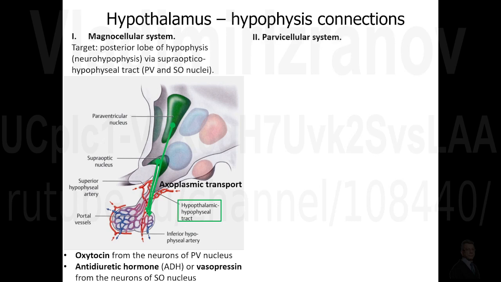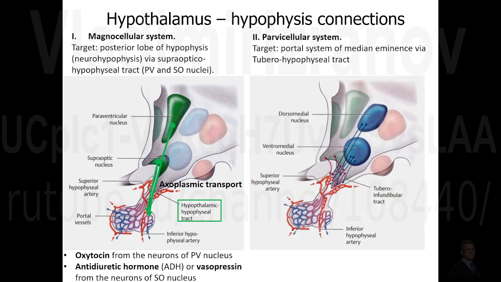And now parvicellular system. Target is portal system of median eminence via tubero-hypophyseal tract. The superior hypophyseal artery from each side of the body forms a vascular plexus around the infundibulum or pituitary stalk.